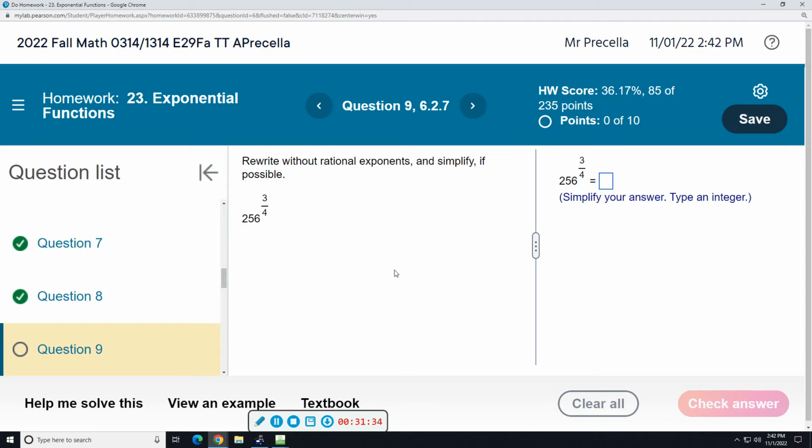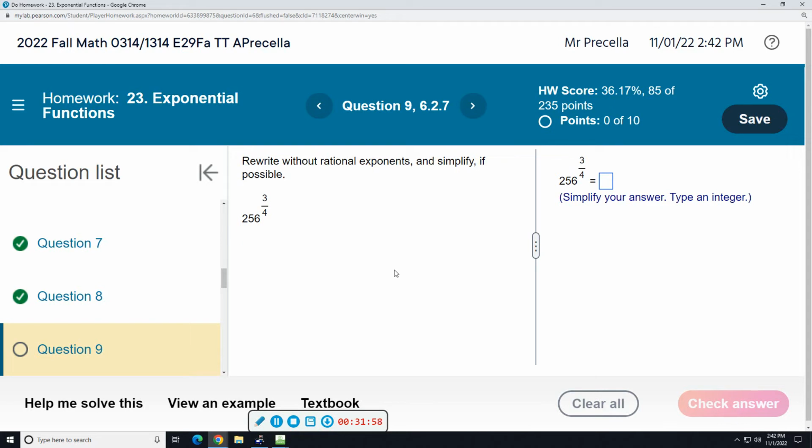256 cubed, I can't do that in my head. And then take the 4th root. I think it's always easier if you take the root first. So I'm writing out 4th root of 256. And then I'll cube that. You can't see it right.